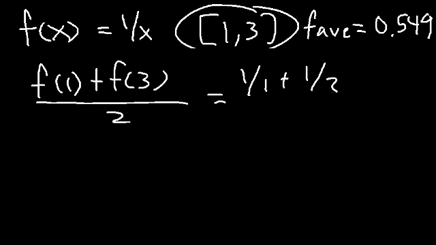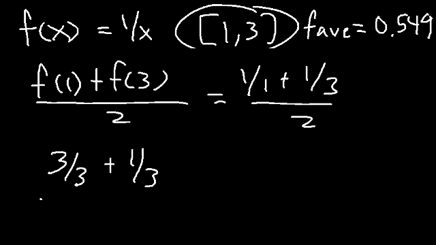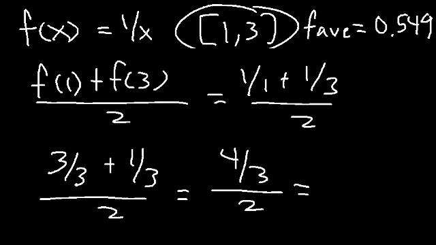F of 3 is 1/3. 1 over 1 is the same as 3 over 3. And 3 over 3 plus 1 over 3 is 4 over 3. And if you divide that by 2, you're going to get 2/3, which is 0.67. So in this case, the average value is still less than the average of f of a and f of b in the interval.